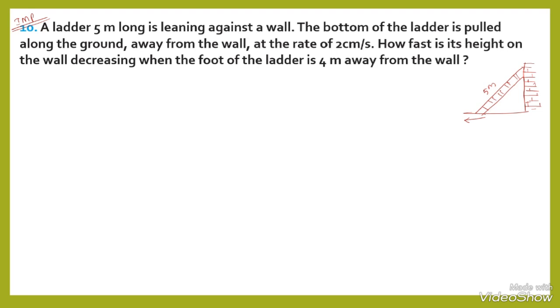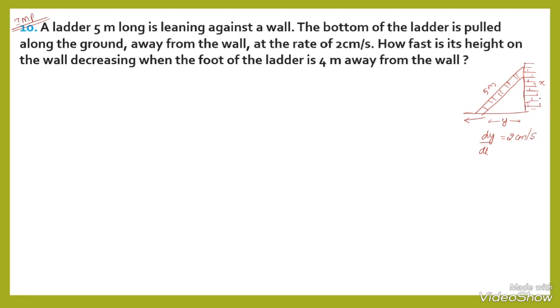I will take the bottom as y and the height on the wall as x. The rate of change of the bottom of the ladder changes, that's why I'm taking dy by dt is equals to 2 centimeter per second.